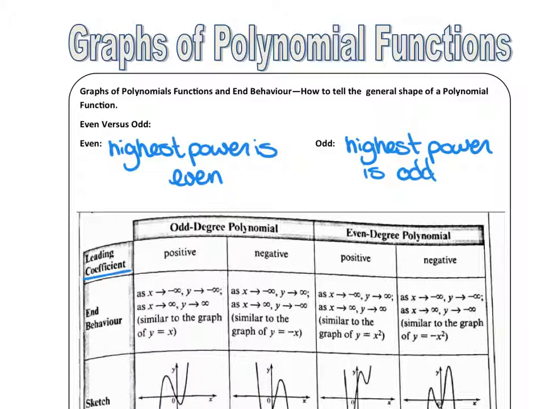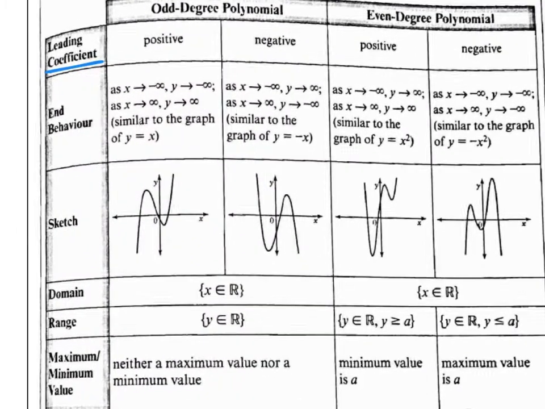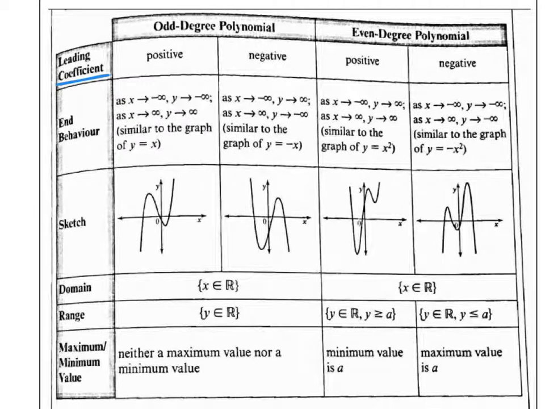And this, I gave you this chart here, which you are going to reference a lot or look at a lot. So that's why I gave you the whole chart in terms of what's happening with the polynomial. It makes reference to odd degree polynomials and even degree polynomials.